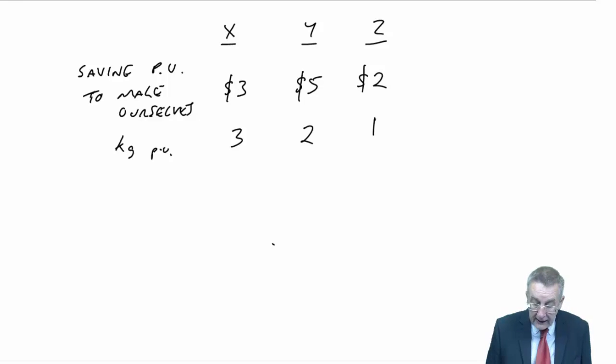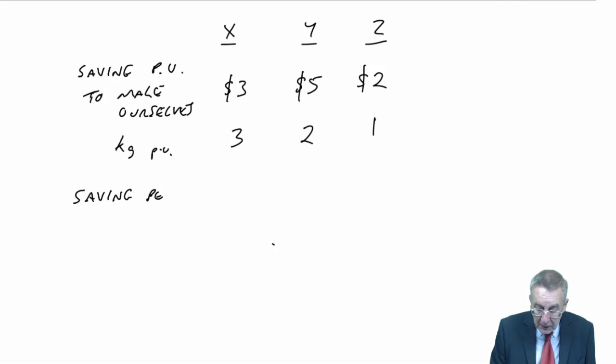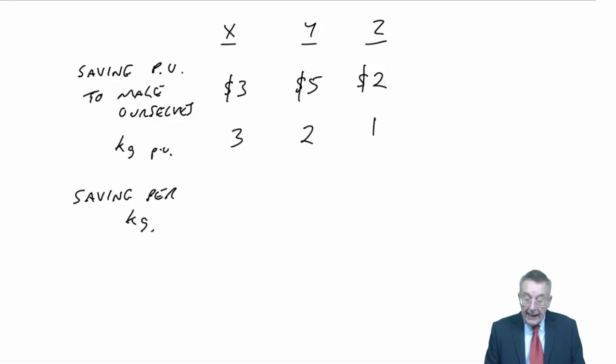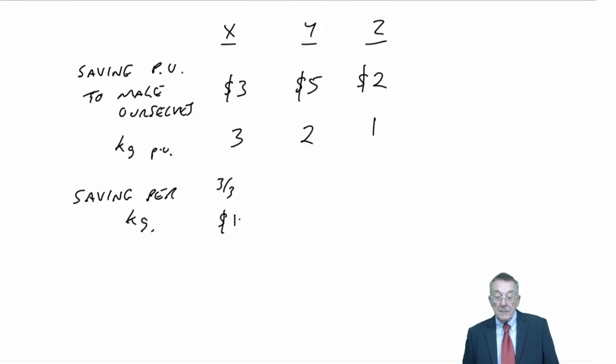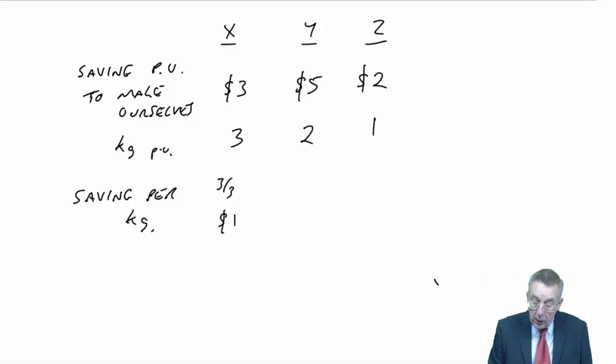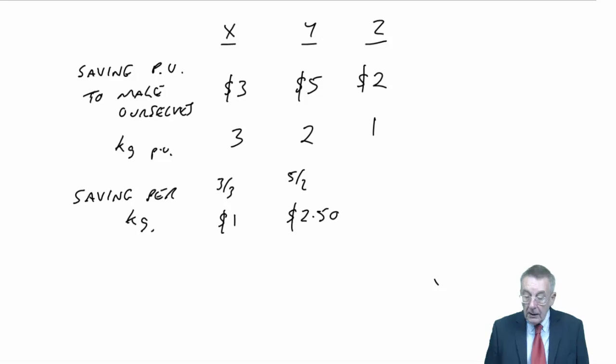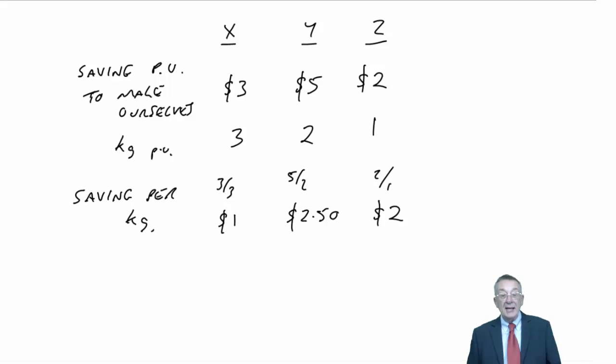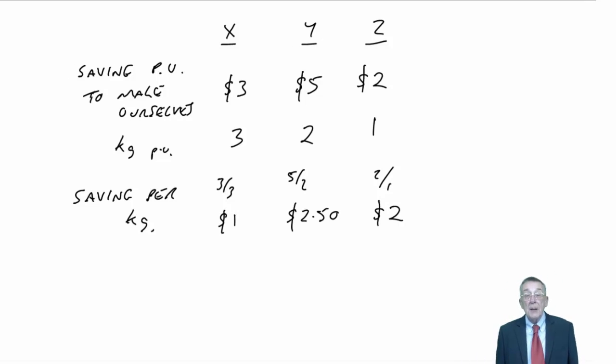Z needs 1. And therefore the saving per kilo of the limited material: X, 3 over 3, we save $1 per kilo if we use it to make X. If we use it to make Y, we'll save $2.50 a kilo. If we use it to make Z, every kilo used saves us $2.